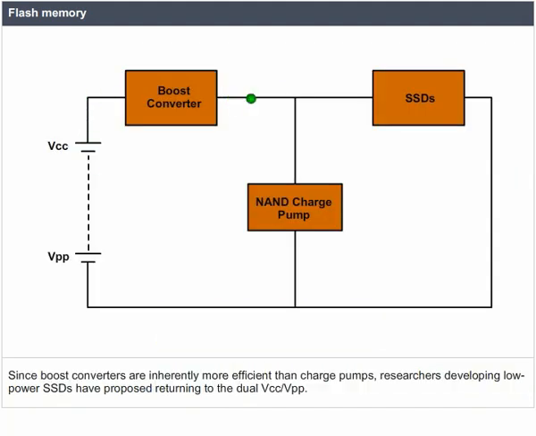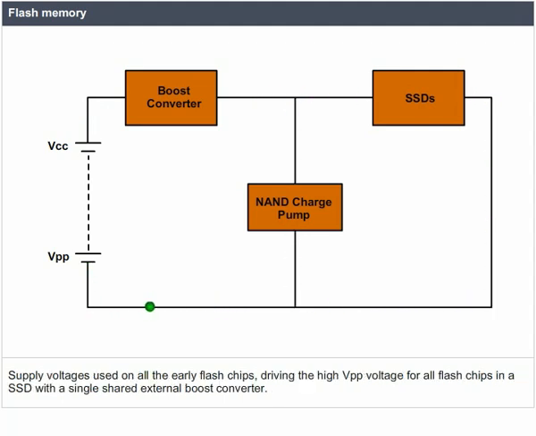Since boost converters are inherently more efficient than charge pumps, researchers developing low power SSDs have proposed returning to the dual VCC or VPP supply voltages used on all the early flash chips, driving the high VPP voltage for all flash chips in an SSD with a single shared external boost converter.